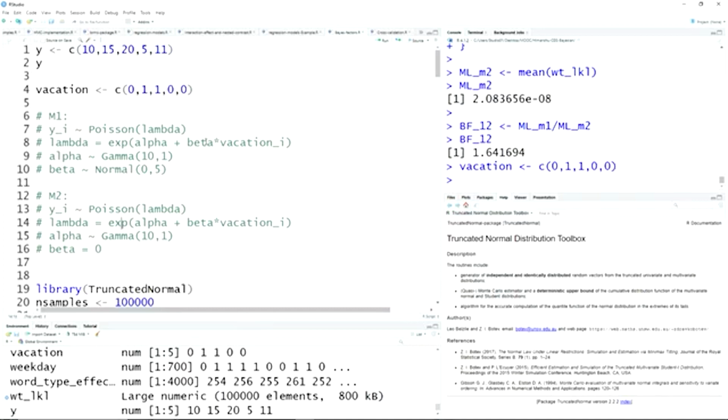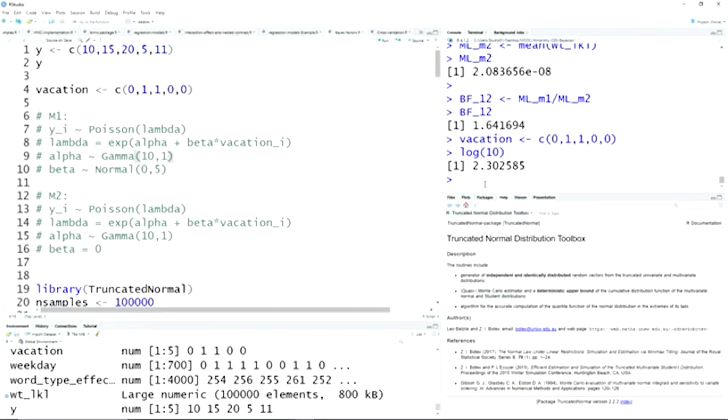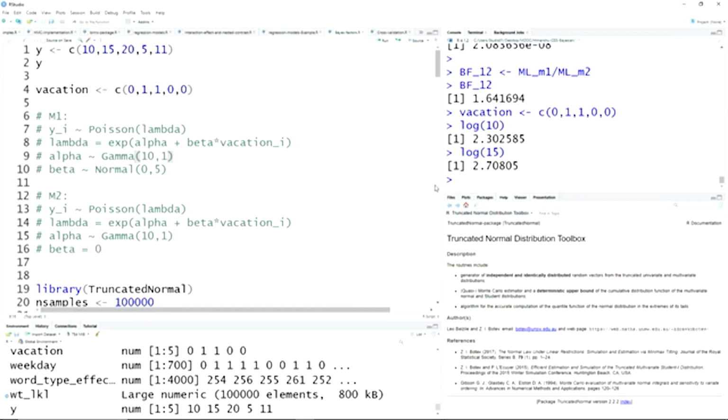So the rate of road accidents would depend entirely on alpha. By the way, this gamma prior is not very good. You should think about what log 10 would be. That should be the range of alpha. Let us think what would be log 10, log 15. Somewhere around, let's say, 2.5.